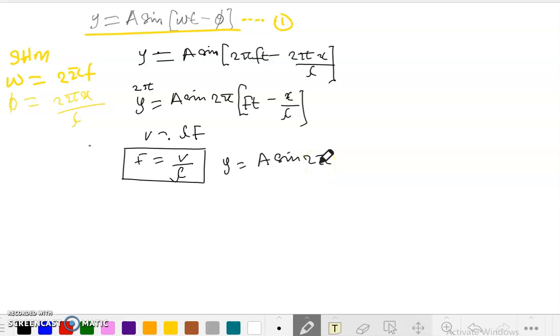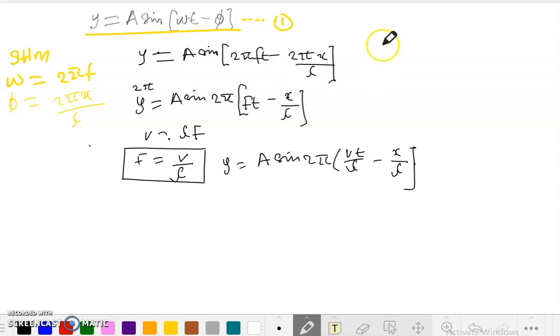In the place of f, we will have v, so it becomes vt, because we have ft, so it is vt over lambda, like we have here, and minus, what do we still have there? It is x over lambda. This is indeed the given wave equation for a progressive wave.